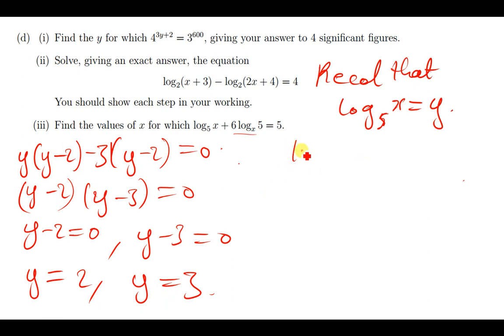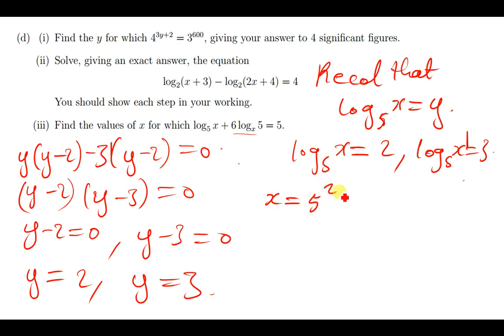So we say log x base 5 is equal to 2, and the other one is log x base 5 is equal to 3. So we solve these two equations. We just convert them to exponential. The first one is x is equal to, the base is 5, the power is 2. And then the second one, x is equal to, the base is 5, the power is 3.